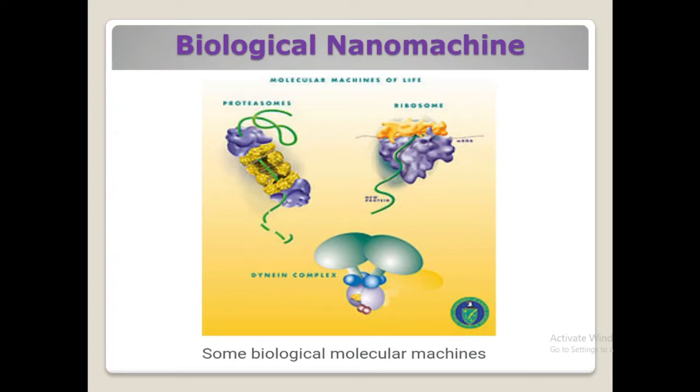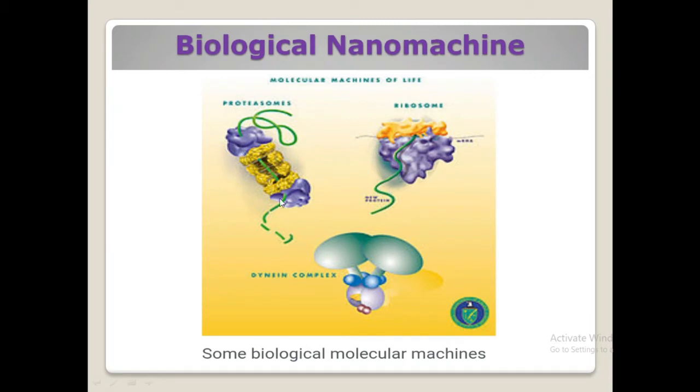Here some biological molecular machines are given. Molecular machines of life. This is the proteasome. So this is a protein nanomachine. This is the ribosome, the same as in the previous picture. This mRNA is entering inside it, and the green color one is the protein which is synthesized.